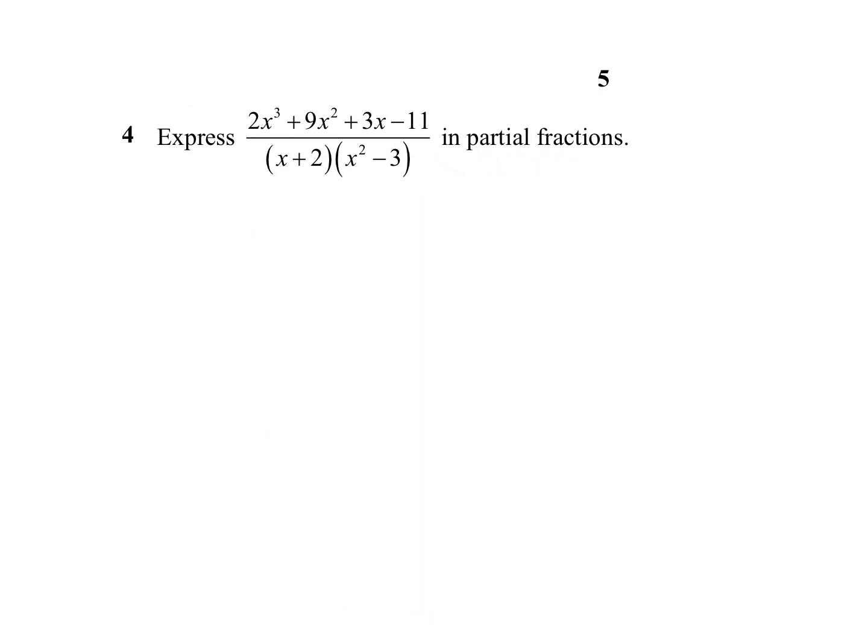Partial fraction. Most important step is to check if it is proper. What is proper? The degree of numerator must be strictly smaller than the degree of denominator. This is super important.